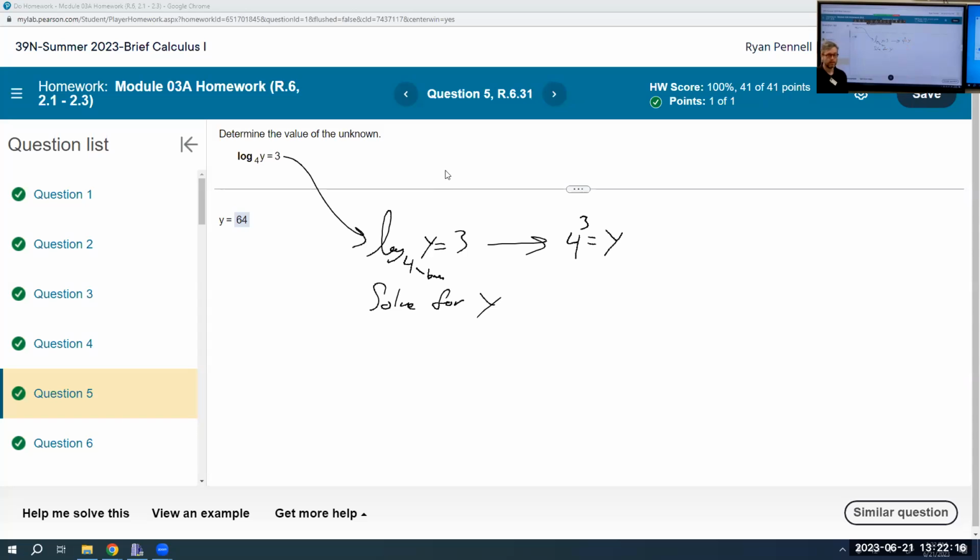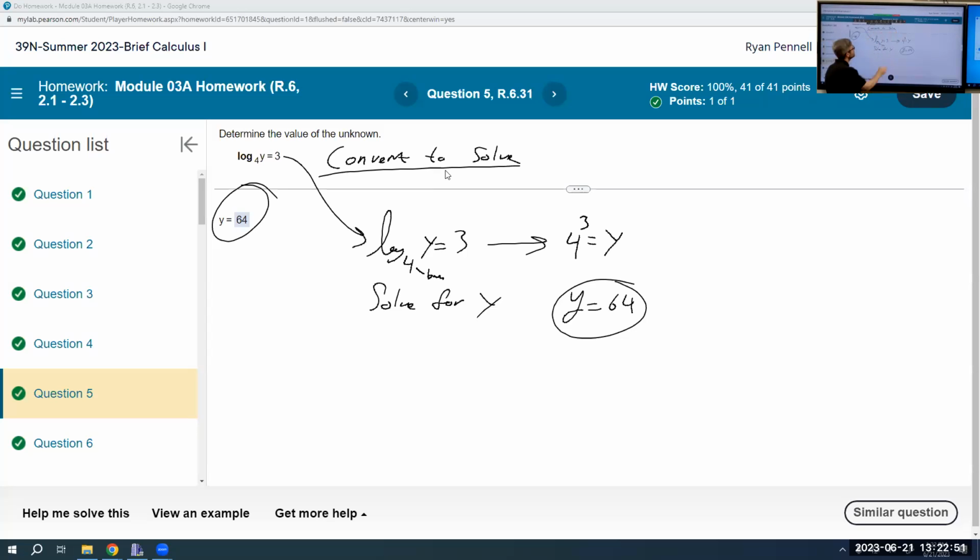Well, I can evaluate that. 4 times 4 is 16, times 4 is 64. So that means y equals 64. Okay. So by converting it, I was able to solve it. I didn't multiply, divide, add, or subtract. I converted it to an exponential to solve. Which might be a little strange, especially when the problems get more complicated.